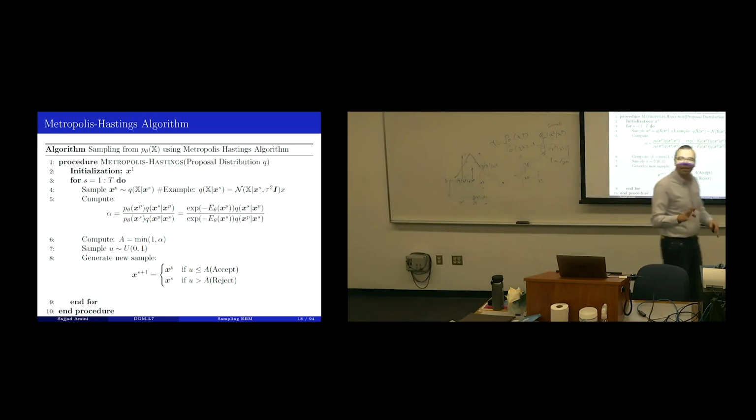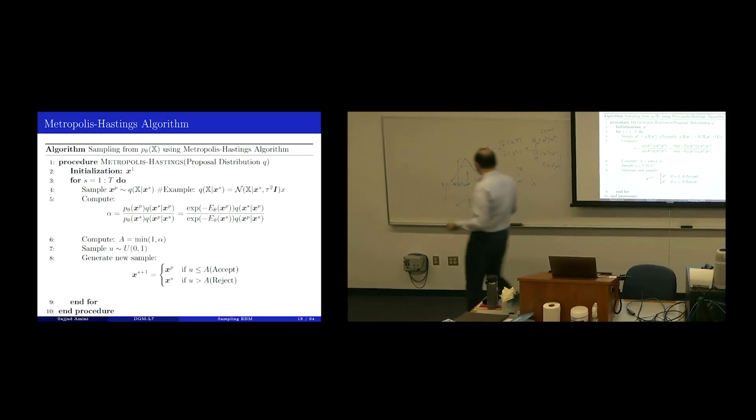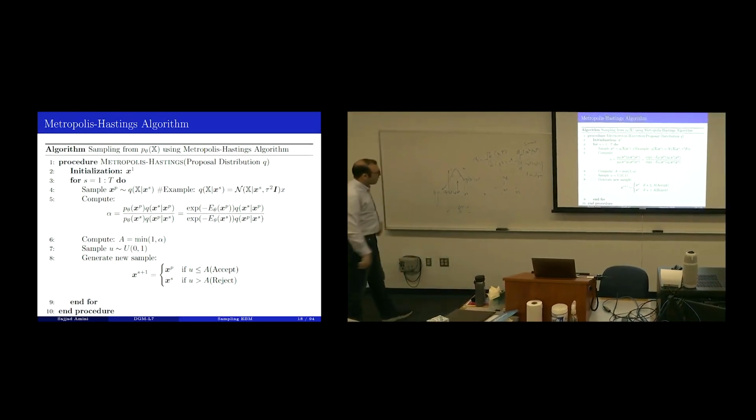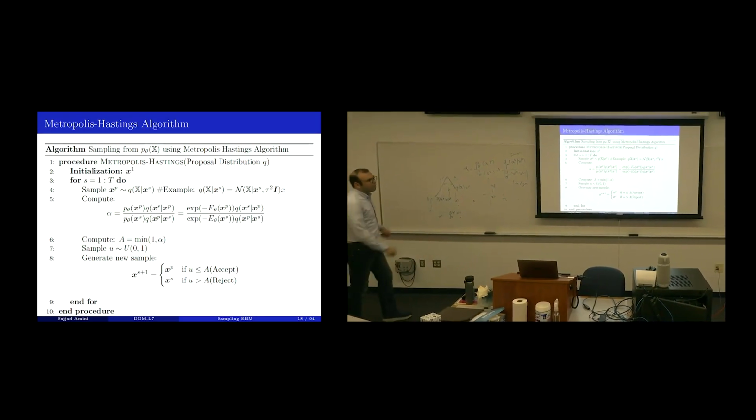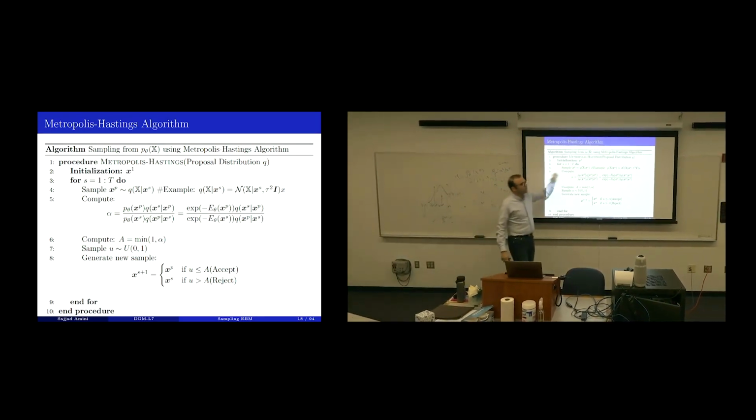Does it make sense? Maybe sometimes Q is not working very well. Q gives high probability to that point, but that point is not a good point based on your unnormalized distribution. So, as a result, what do you think in this case? Should I increase alpha or decrease alpha?